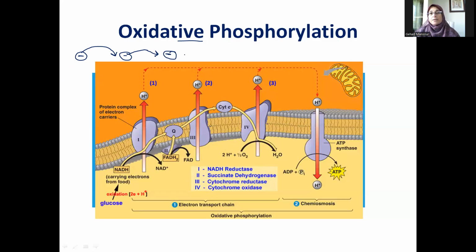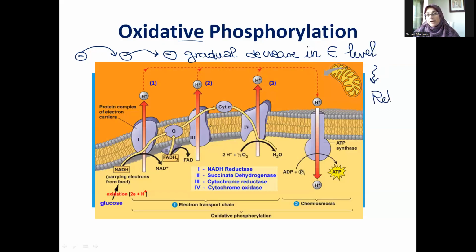As we said, electrons are being transferred at gradually decreasing energy levels, meaning that every electron carrier will receive the electrons at a lower energy level. And if this occurs, then there will be release of energy. What are we going to do with that released energy?